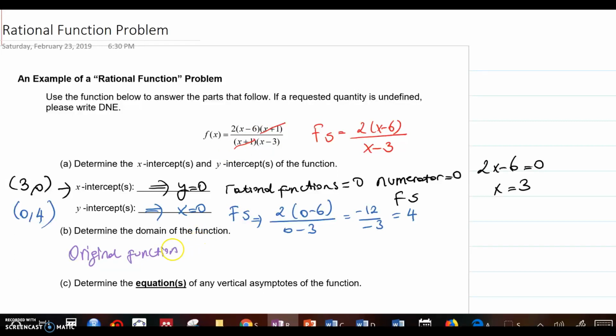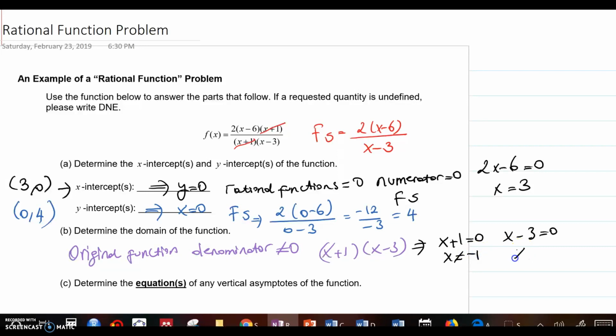So for the domain of the rational function, check the denominator, because we do not want the denominator to be equal to 0. In the denominator, we have x plus 1 and x minus 3. From there, we write x plus 1 equal to 0, x minus 3 equal to 0, so x cannot be equal to negative 1, and x cannot be equal to 3.